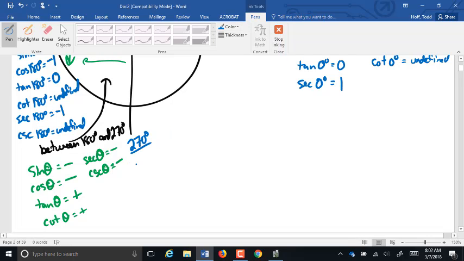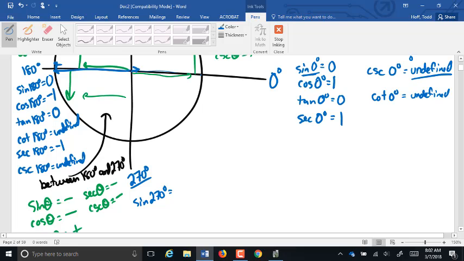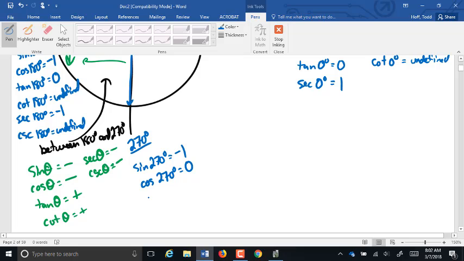At 270 degrees, sine of 270 degrees is, more specifically, -1. Right? Cosine of 270 degrees, 0. Tangent is undefined.